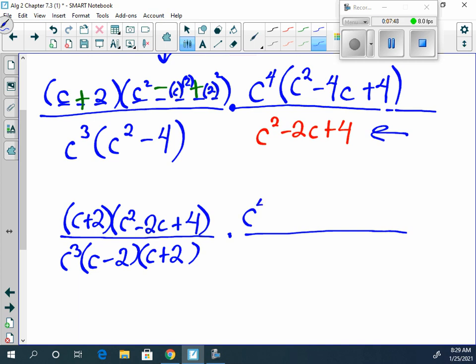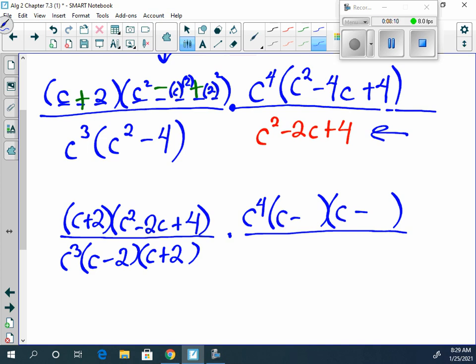Over here, we have c to the 4th. Now, c squared minus 4c plus 4. We know that this will factor. Now, because the 4 is positive, the signs are the same, so we'd have negative and negative. The factors of c squared are going to be c and c.